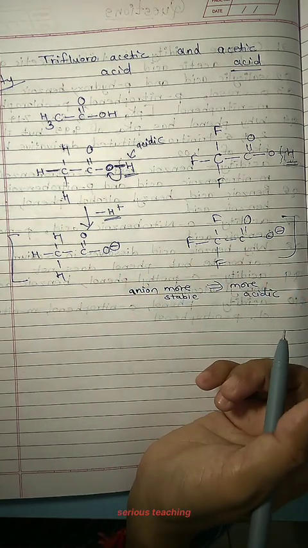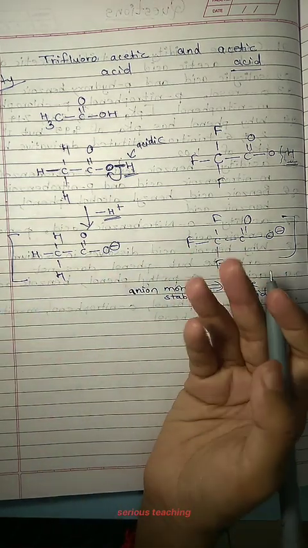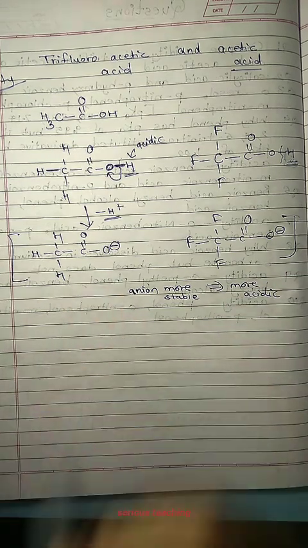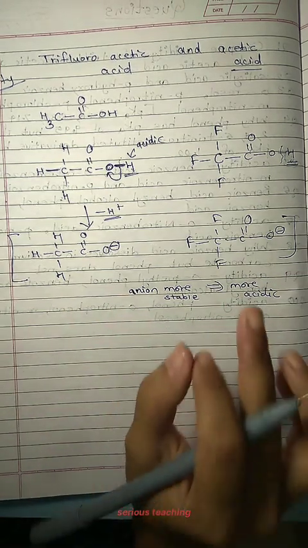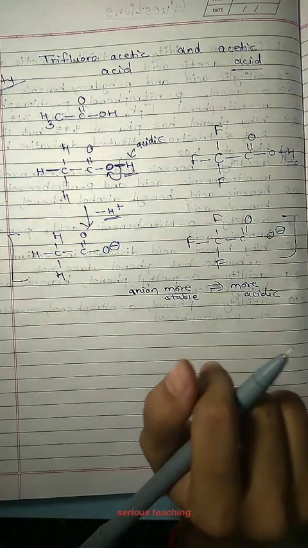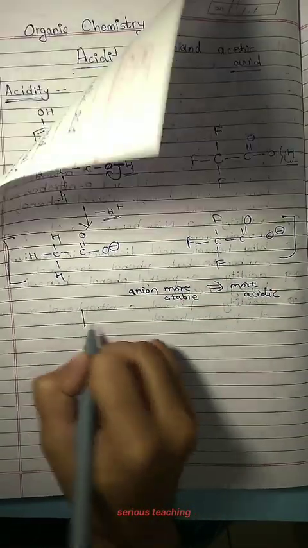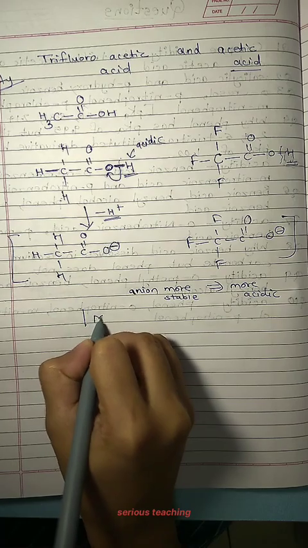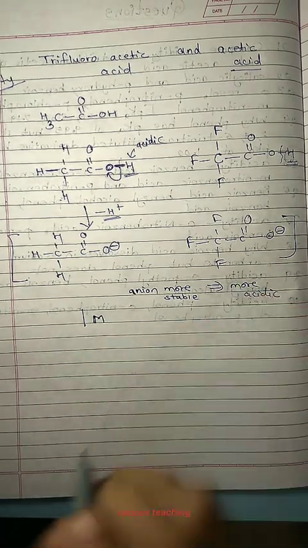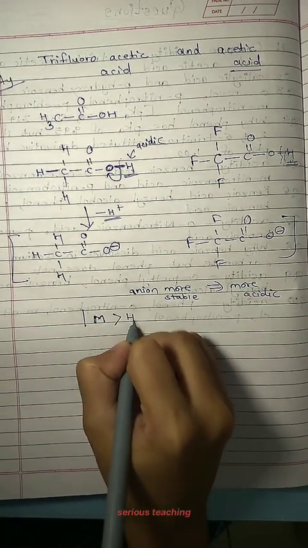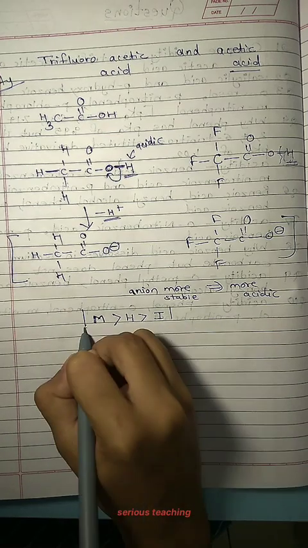So first, for electronic effects, we can check inductive effect, resonance, and hyperconjugation, and you have to always remember that if all the effects are present in any compound, then you strictly follow this order. That is, the mesomeric effect is more prominent than hyperconjugation, and the inductive effect is least prominent.